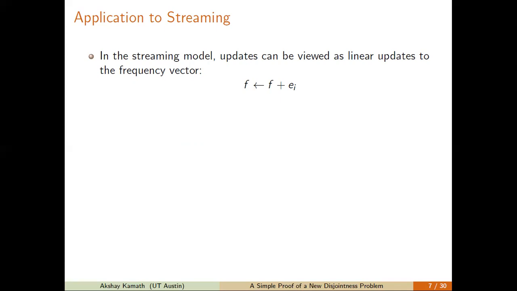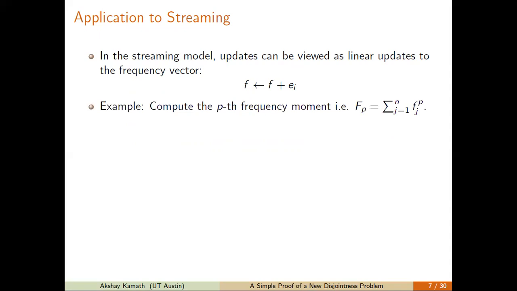The frequency vector is a vector whose ith entry is the number of times that the ith element has been present in the stream. So each element arriving in a stream can be viewed as a linear update to the frequency vector. One very important problem in streaming algorithms is the problem of computing the pth frequency moment, which is the p norm of the frequency vector to the power of p.